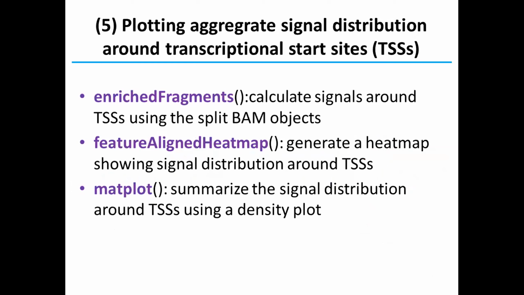In the package, we have three functions: one called enrichedFragments, which calculates the signal around the TSS using the split BAM objects; another called featureAlignedHeatmap, which can generate a heat map showing signal distribution around the TSS; and matplot, which can generate a density plot showing the signal around the TSS sites.